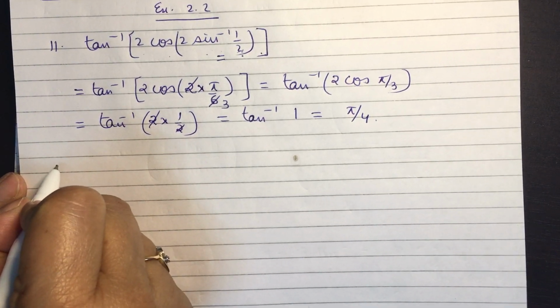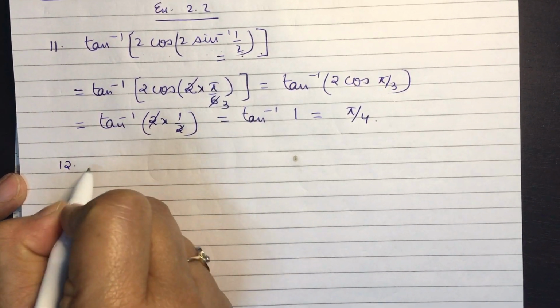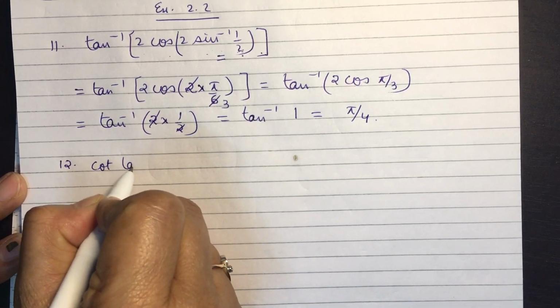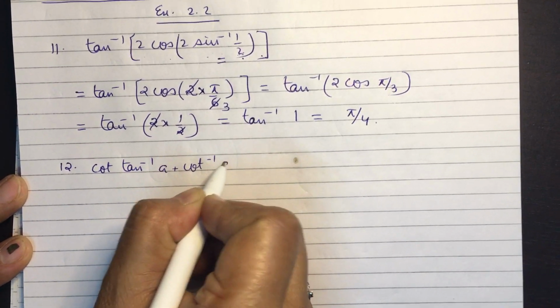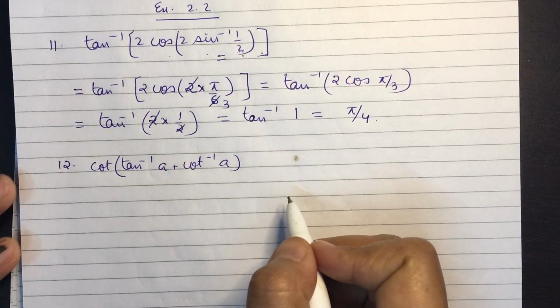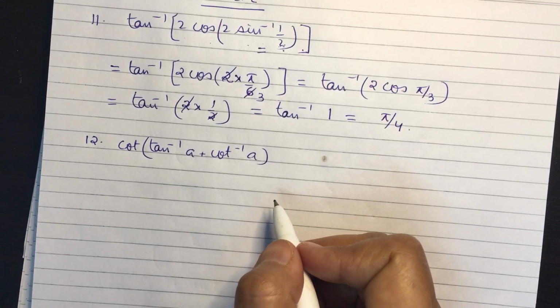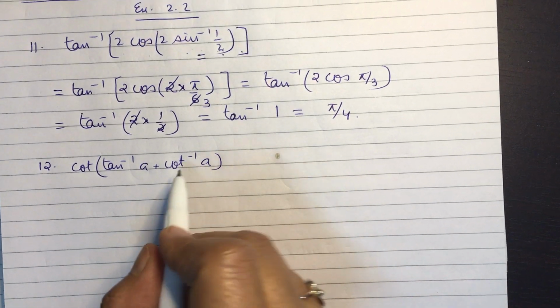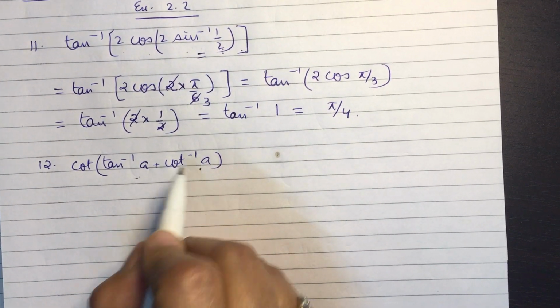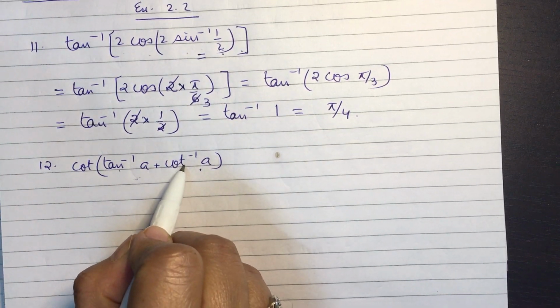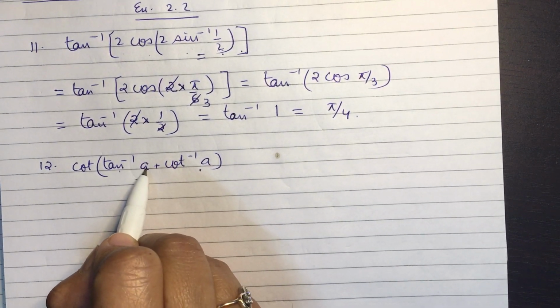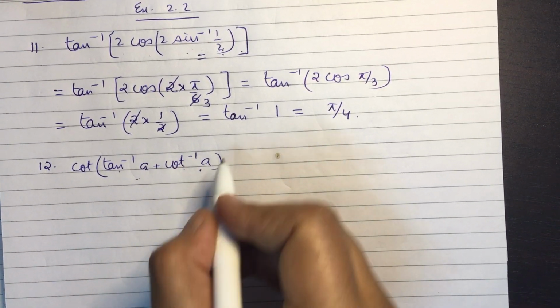Same way, question number 12. Cot of tan inverse A plus cot inverse A. Now this is yet another kind of question where we'll be using the properties. We know that the sum of tan inverse and cot inverse of the same value is always equal to pi by 2.